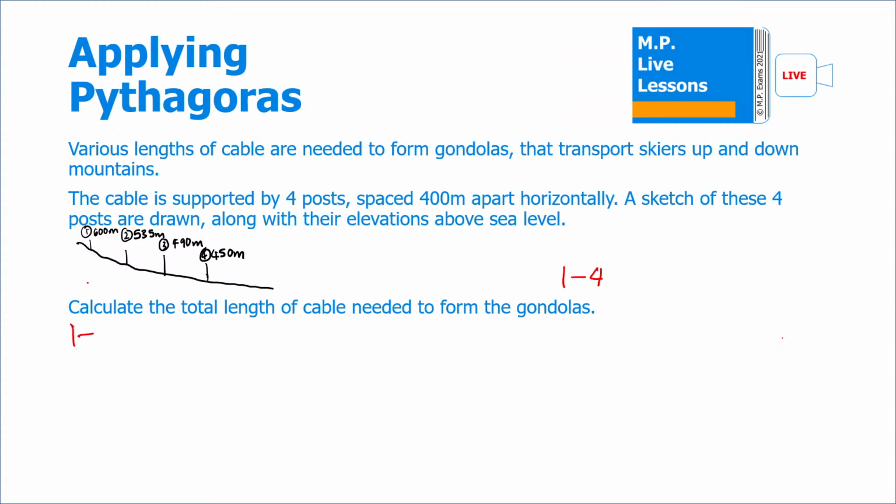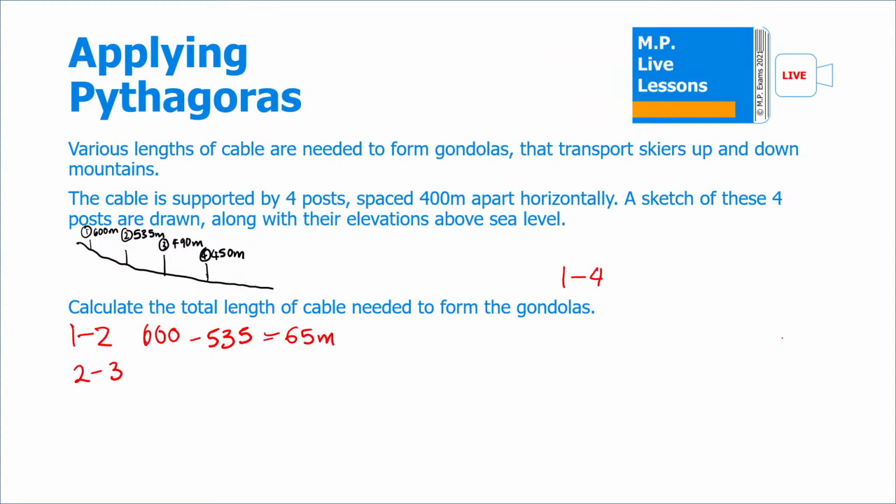So 1 to 2. So post 1 to 2 is 600 meters to 535. So that would be 65 meters down.